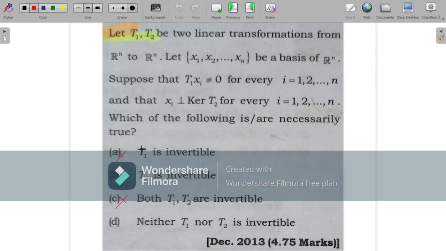Now, it is given that the basis vectors xi are orthogonal to the null space of T2.